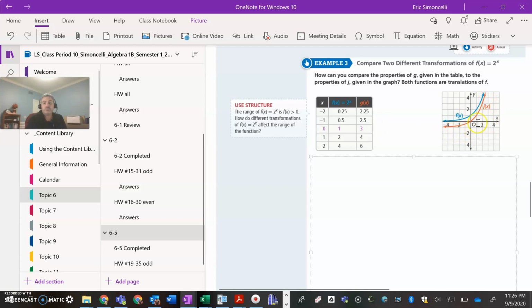J, as you can see, appears to be another exponential function, but clearly it looks to be a shift in some way, shape, or form down. There's other transformations we have yet to take a look at. But in combining g and j, let's just call them points of data.